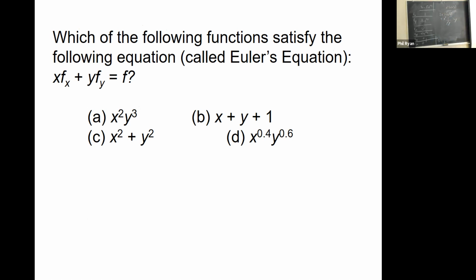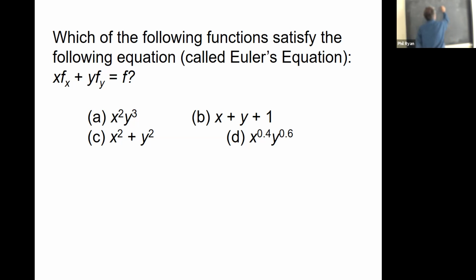Okay, so once we have derivatives, we can have differential equations. What does it mean to solve an equation? Okay, so let's write down an equation.